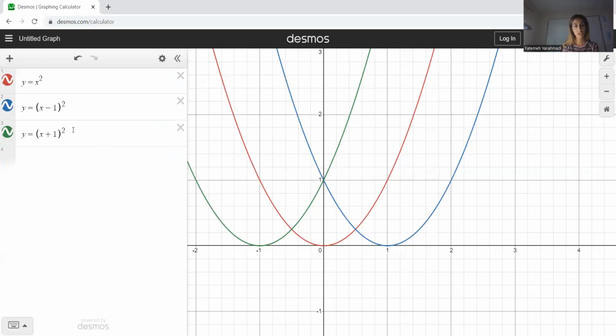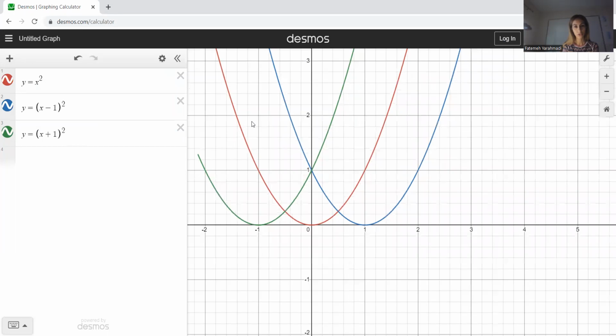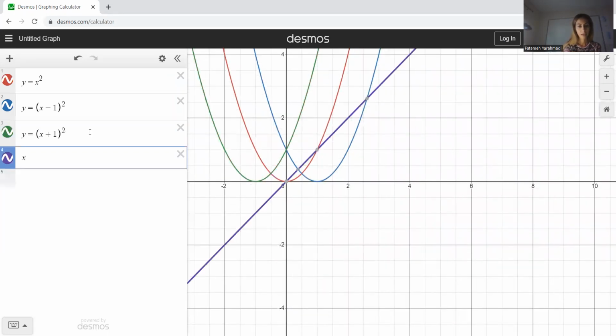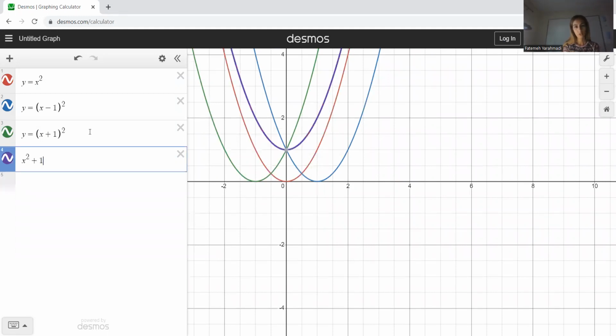So these are the transformations in x. We're going to see transformations for y. So now I have x squared, and I'm adding 1 to my y value. Take a look at this function. The function just jumped up. Adding 1 to the y value caused a vertical shift. It jumped 1 unit upward.